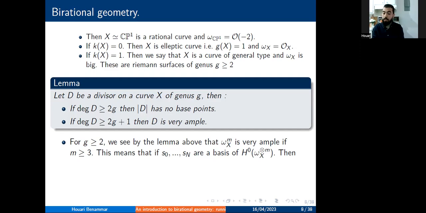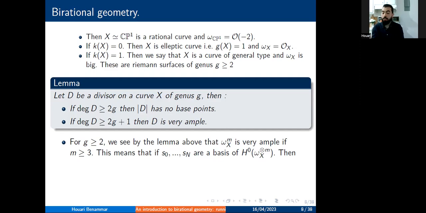That means exactly that all the sections of this divisor cannot be equal to 0 at the same time. Okay, so in this case, the rational map defined by Kodaira is a morphism.